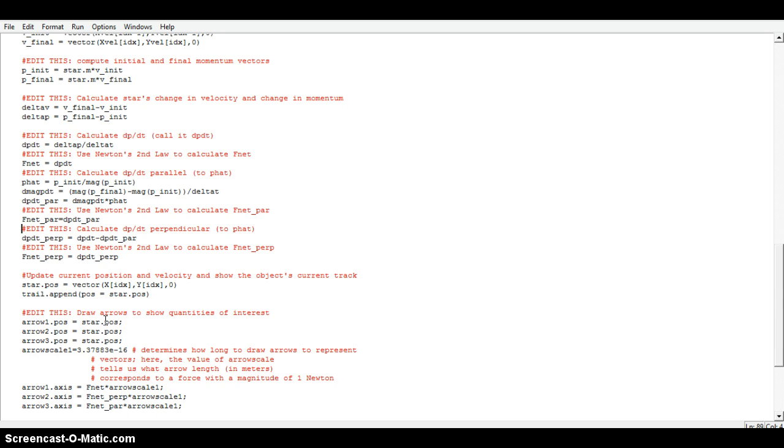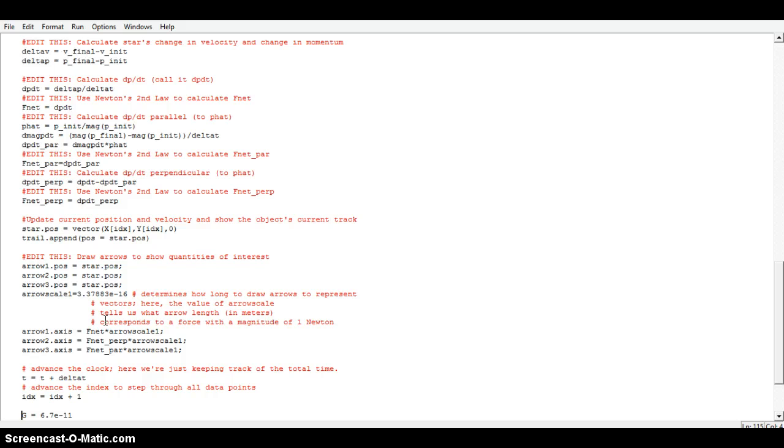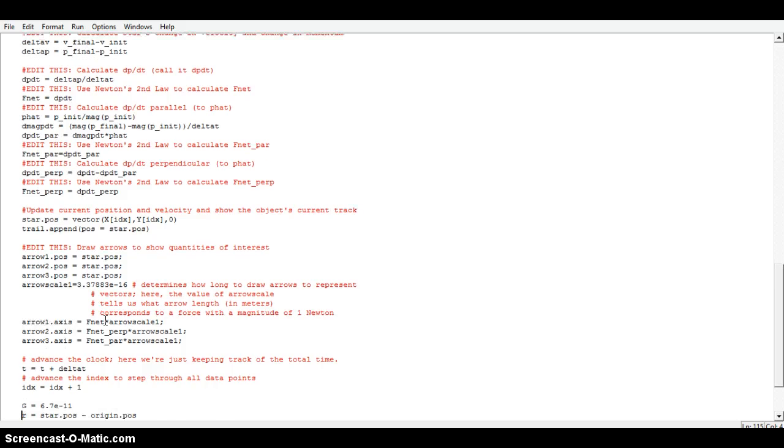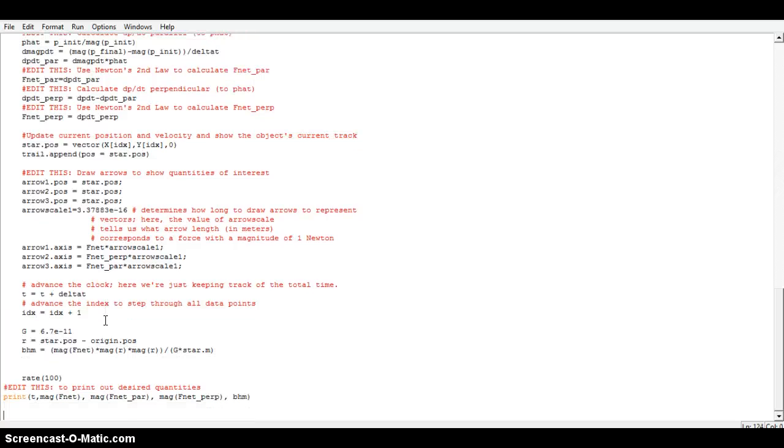After knowing this, we know that F net perpendicular equals dp/dt perpendicular and F net parallel equals dp/dt parallel. Also, at the end, we need to set our arrow scale to this value that we obtained by some calculations, and also by the index, we calculate G, the black hole mass, by using the equation we used before. So now I'm going to run my code.